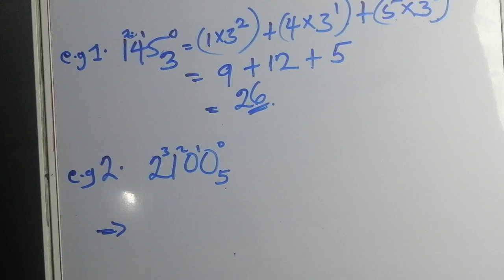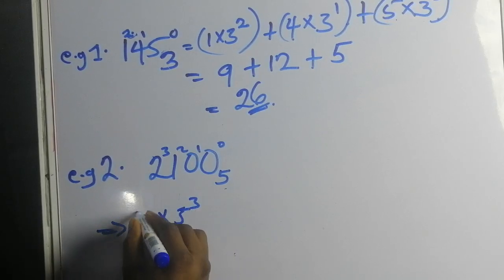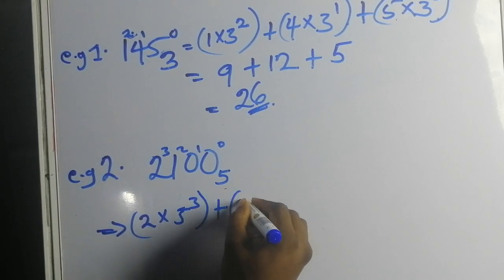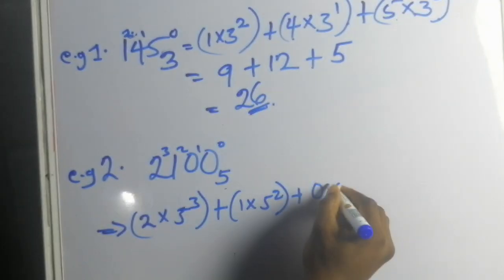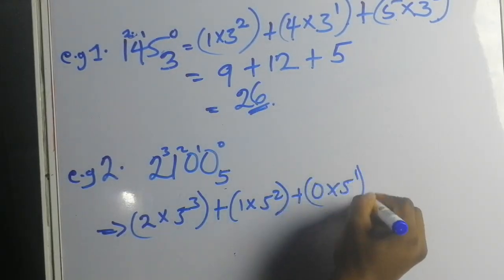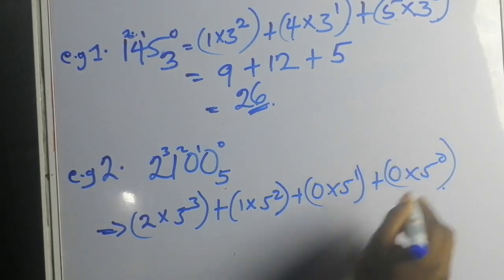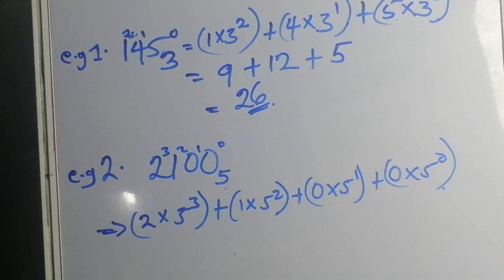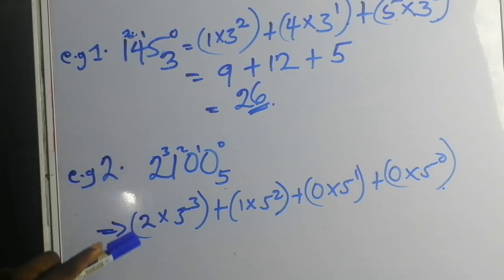This is the same thing as saying that we can have 2 times 5 raised to power 3, plus 1 times 5 raised to power 2, plus 0 times 5 raised to power 1, plus 0 times 5 raised to power 0. It's very simple. 2 times the base, 2 times 5 raised to power 3.